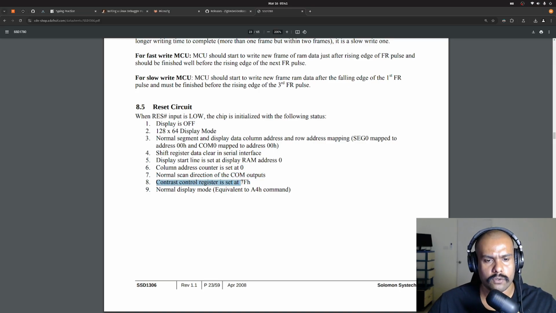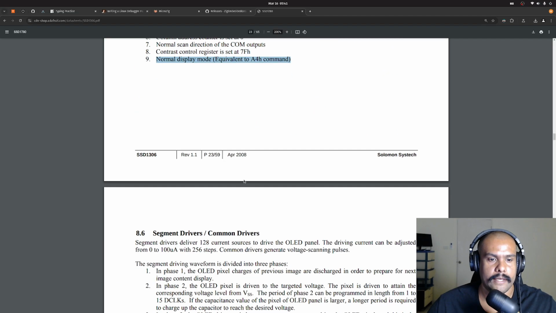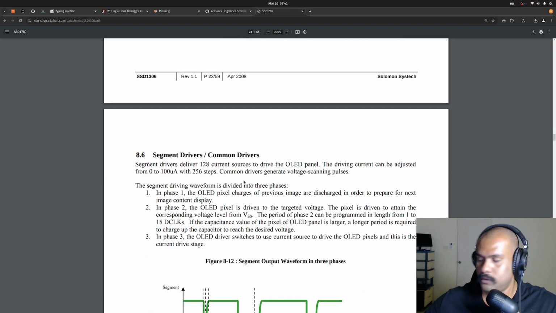Contrast control register is set at 7FH. Normal display mode. Damn. I have never been so lost in a while.